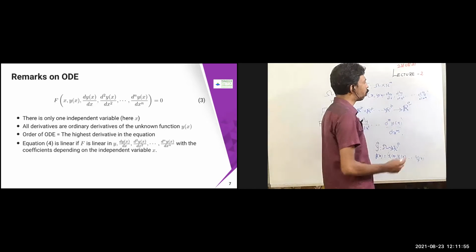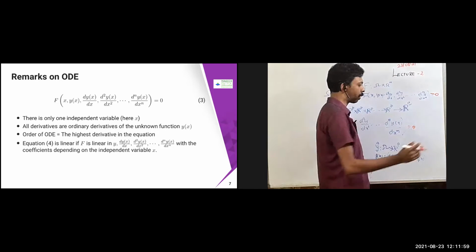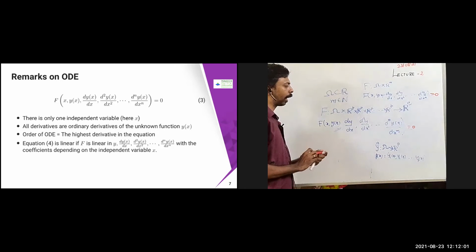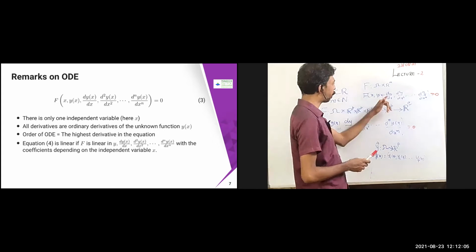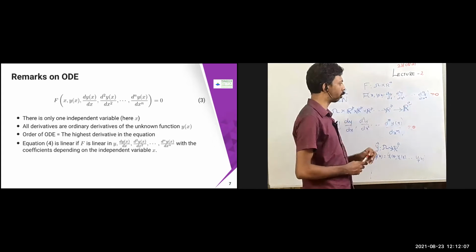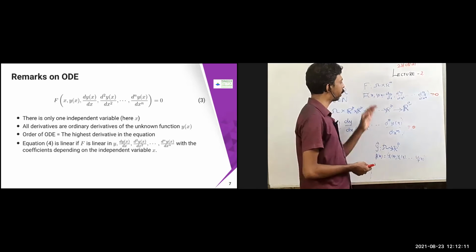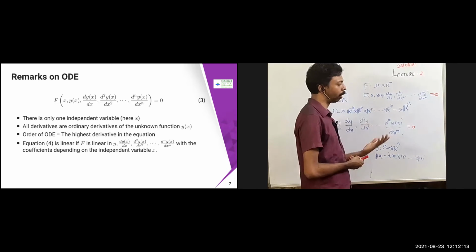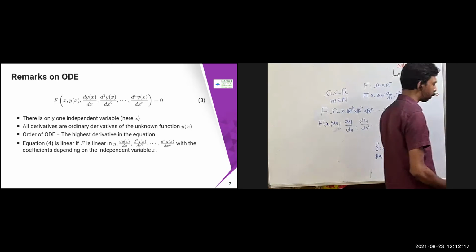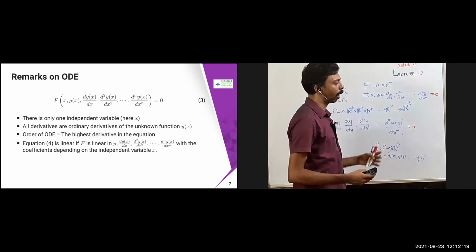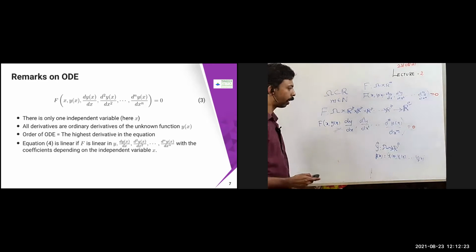If this implicit function can be written as an expression, that expression contains the coefficients of each of the variables, dy by dx, d square y by dx square, etc. If those coefficients have only the independent variable x, then we call it a linear equation. We'll see that with respect to partial differential equations, how to classify an equation as linear or not linear, in a later lecture.